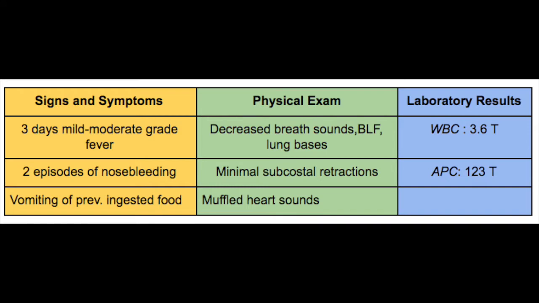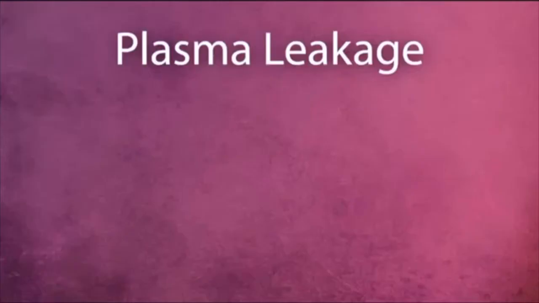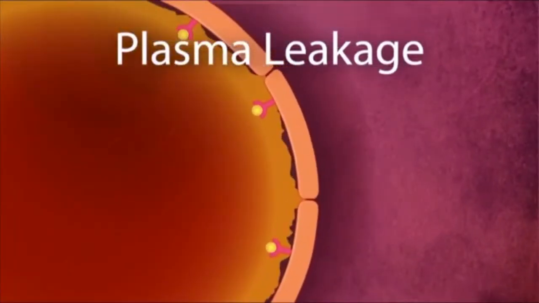So if we classify our answer based on WHO, the patient has severe dengue because of the presence of plasma leakage. Plasma leakage is the most serious complication that distinguishes dengue from severe dengue.